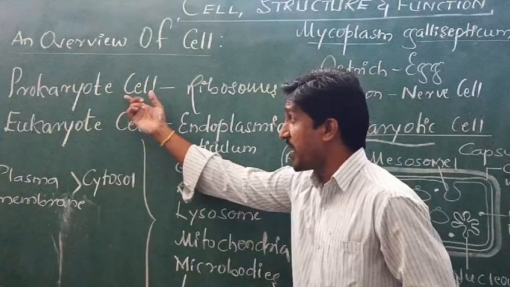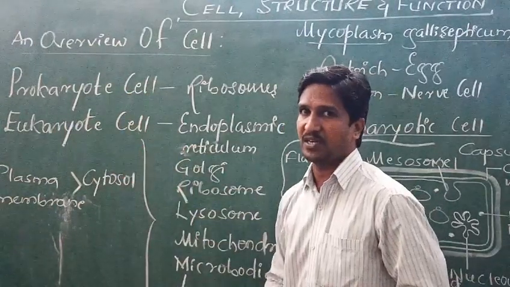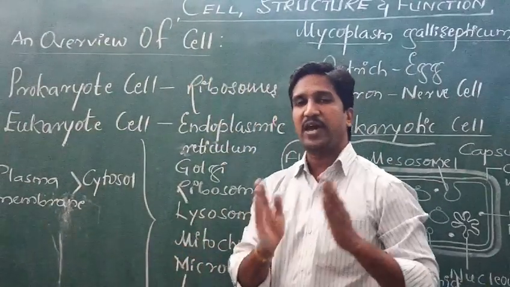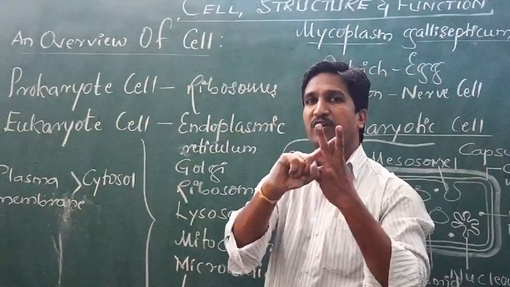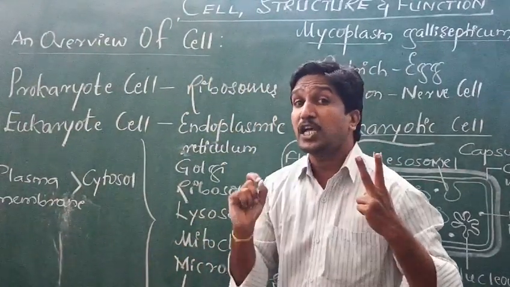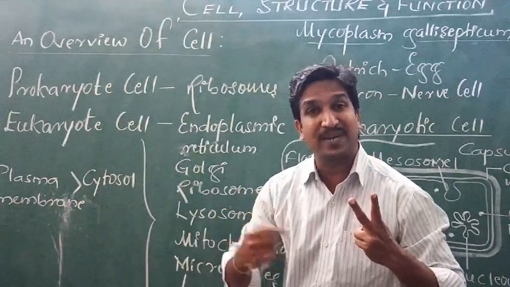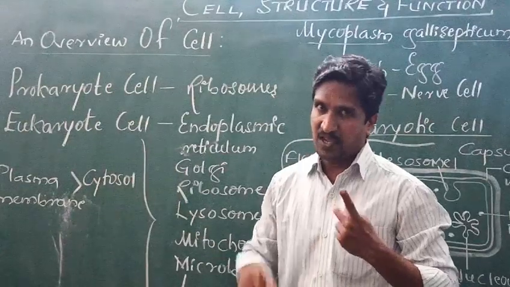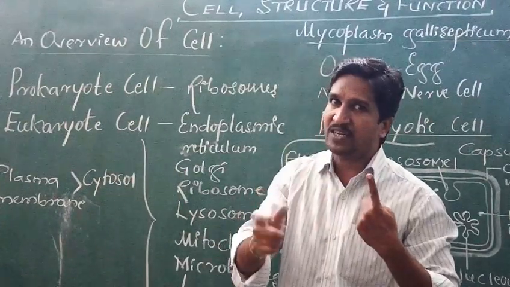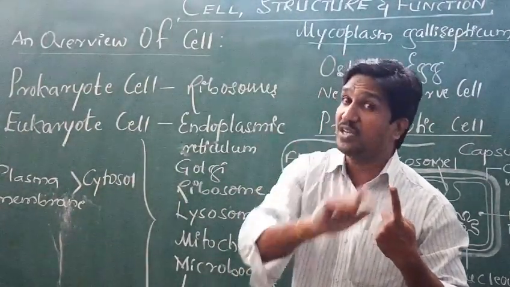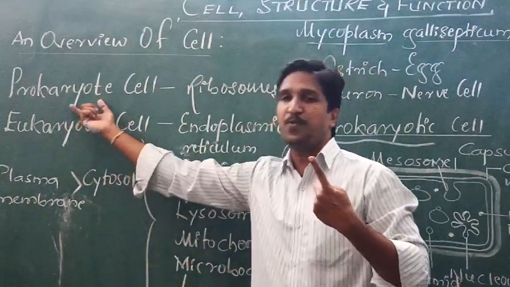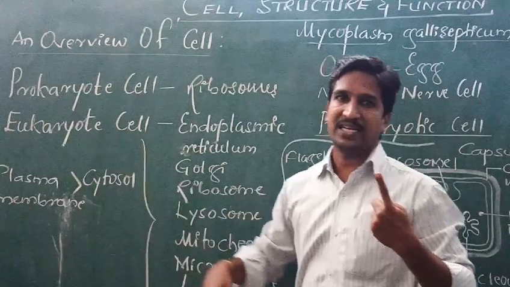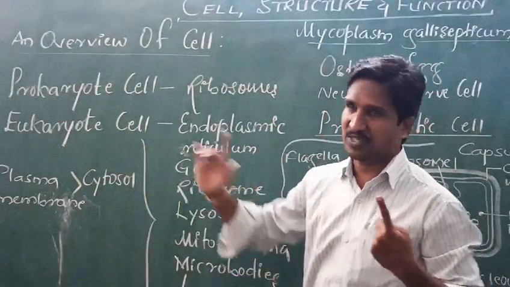So in this way, prokaryotic cells and eukaryotic cells are two different types of cells, classified on the basis of the presence or absence of a nuclear membrane. If the nuclear membrane is absent, that cell is called a prokaryotic cell. An example is bacterial cells; all bacteria are the best example for this.